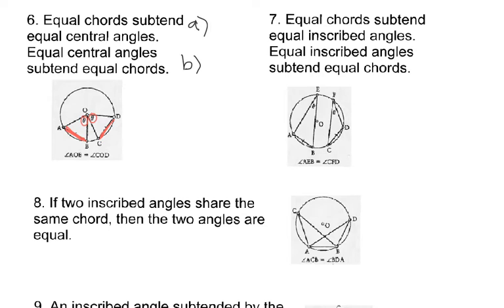So now, suppose that I have 2 central angles, i.e. these 2 angles are the same, then the chords that are on the edge of the circle will be the same. For number 7, it says, equal chords subtend equal inscribed angles. Equal inscribed angles subtend equal chords.